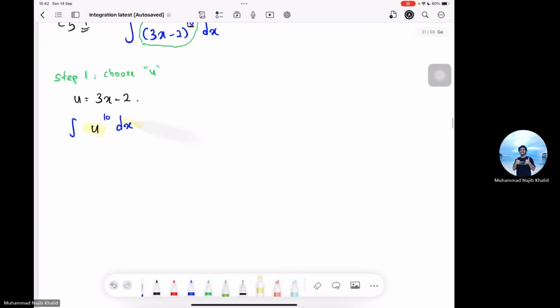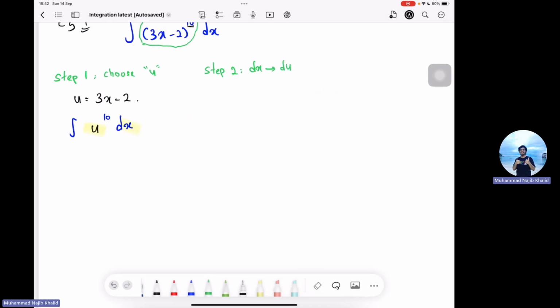U and dx. Okay, so which means we will go for step 2. We are going to substitute, or replace dx with du. Okay, so we have to replace dx with du.